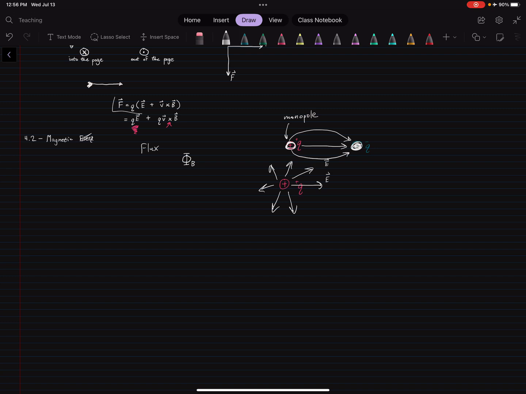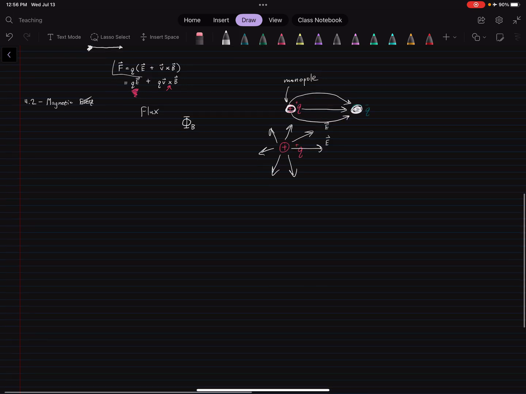You can have a monopole of charge. You cannot have a magnetic monopole. There's no such thing. There is no analog. So you cannot have, in other words, just some north part of a magnet, and therefore, some magnetic field going away from north, right?